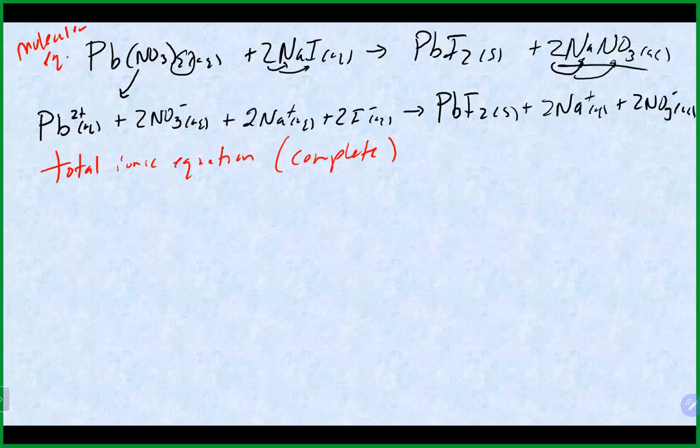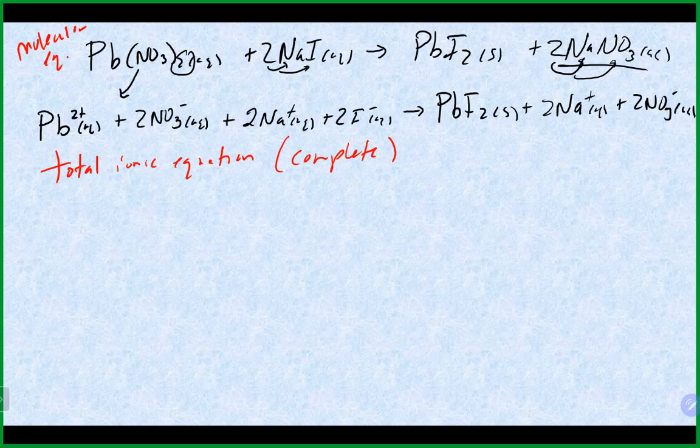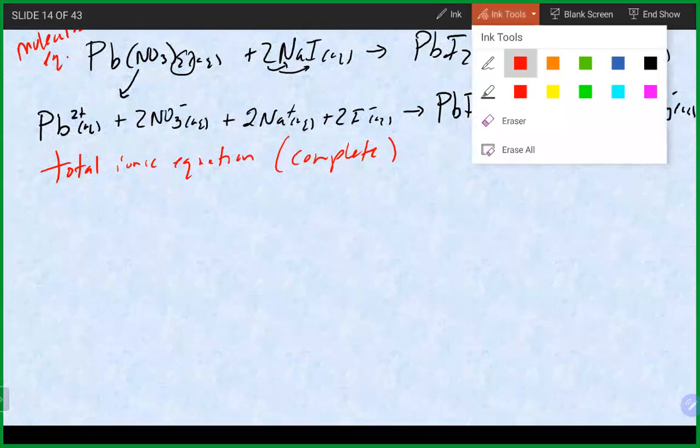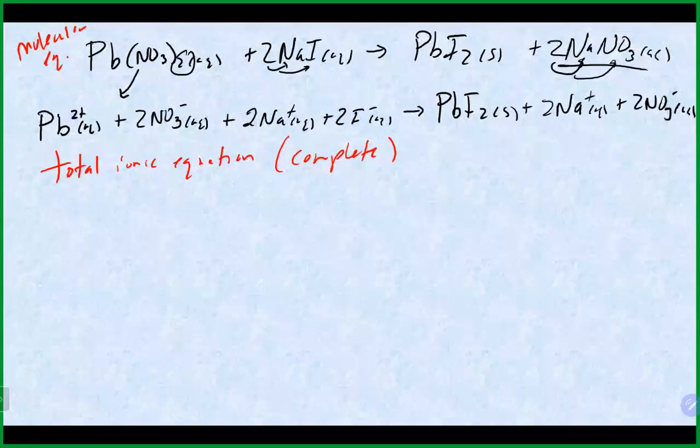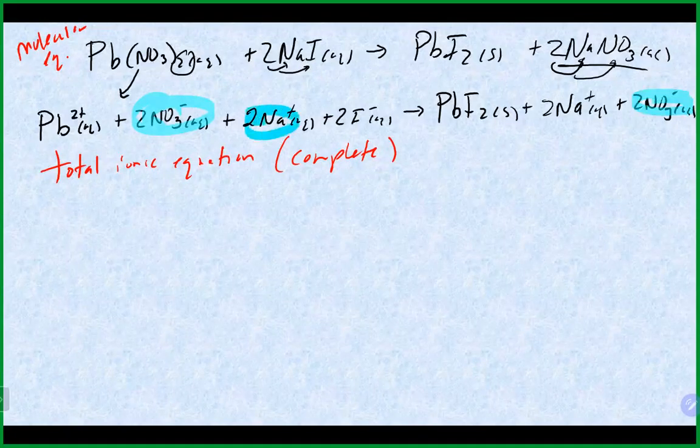And when we look at the total ionic equation, we should always be able to find on opposite sides of the arrows some ions that look exactly the same. So in this case, the ones that are exactly the same are which ones? On the left-hand side, we have a couple of nitrates. On the right-hand side, we have the same couple of nitrates. Left-hand side, we have a couple of sodiums.